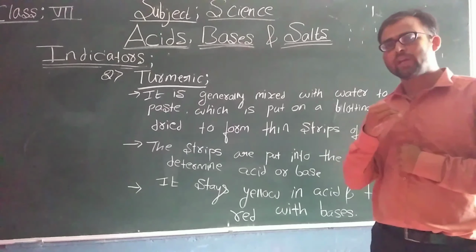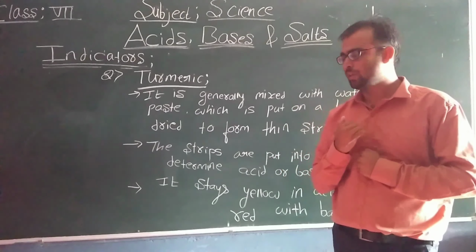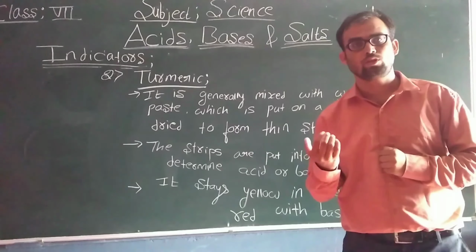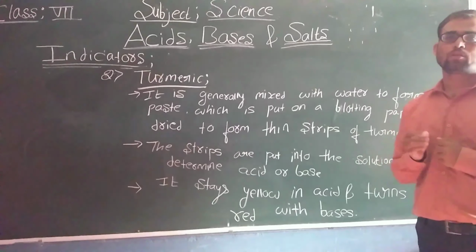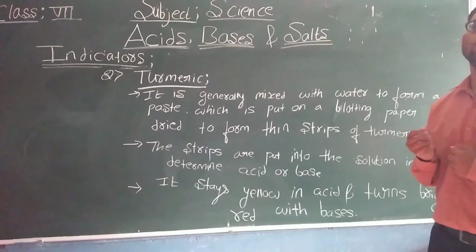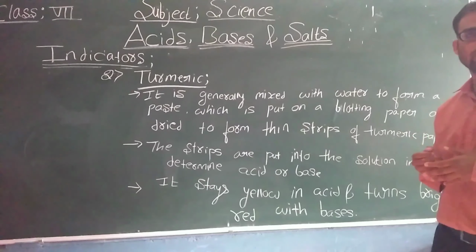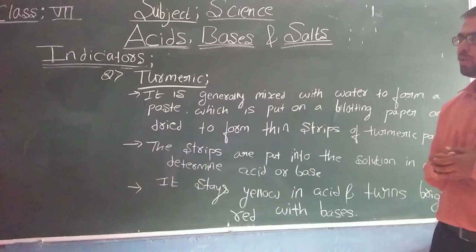So how can we determine whether the substance is acid or base using turmeric? The yellow strip of turmeric paper is used to determine the acidic or basic nature of a substance.